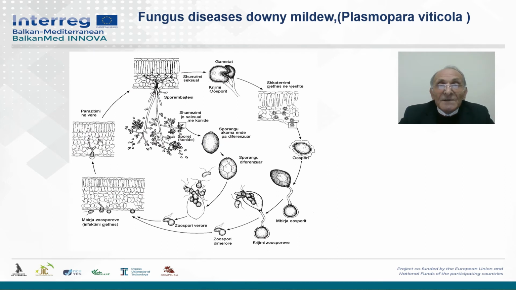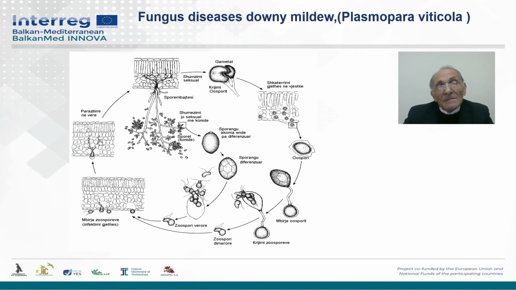Here we see the downy mildew, Plasmopara viticola, in the grape. These spend the winter as oospores. Then from oospores in the spring we have the zoospores.